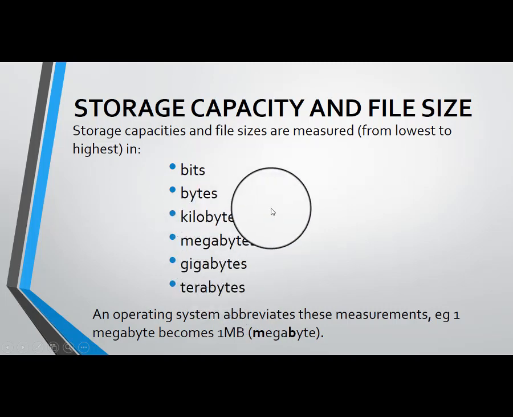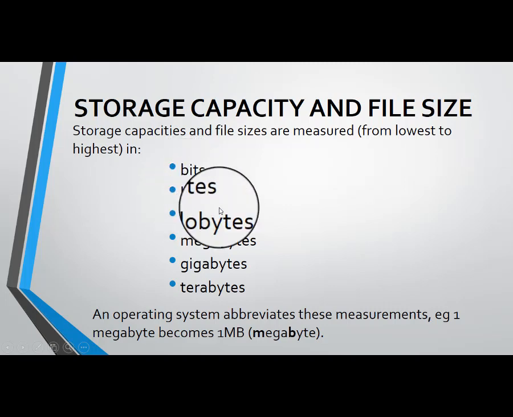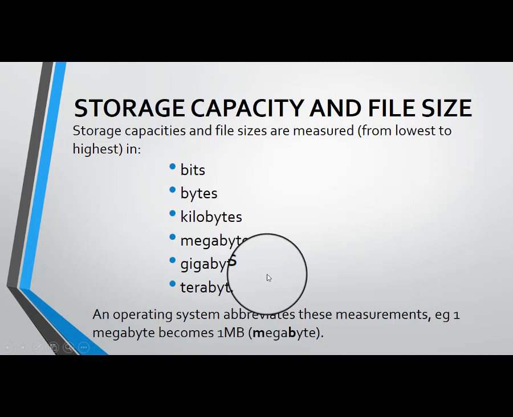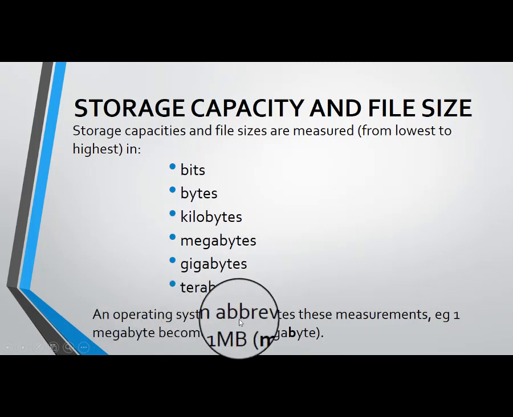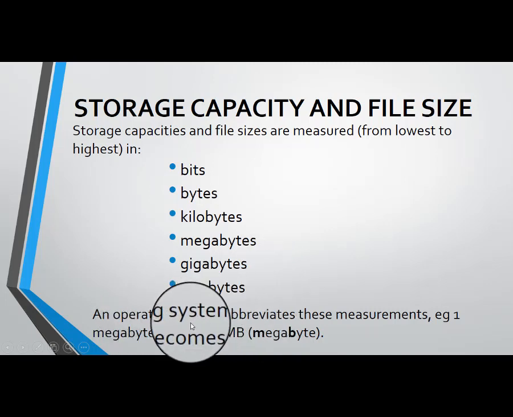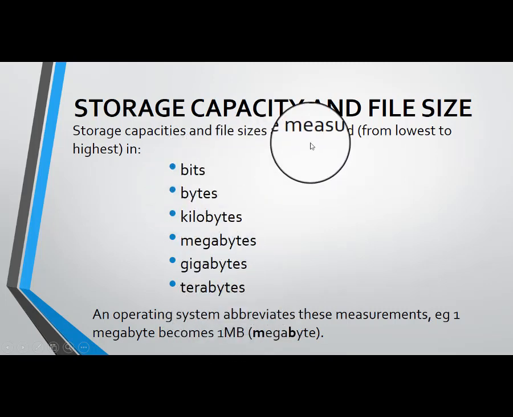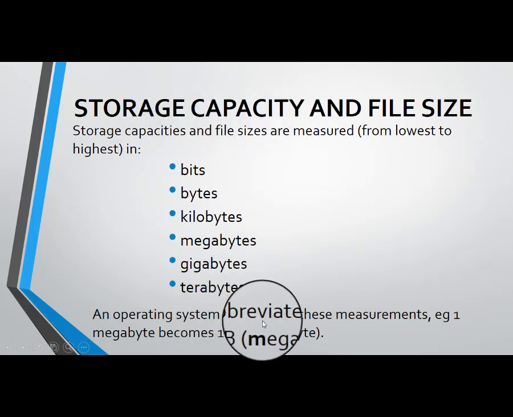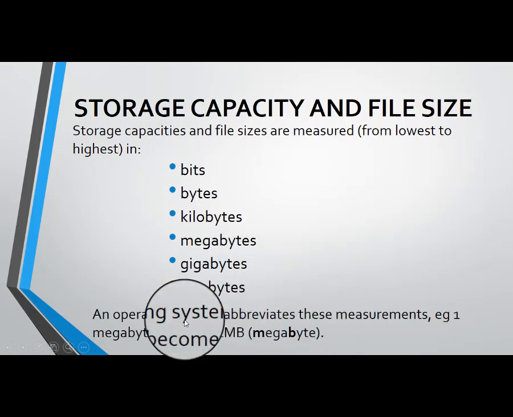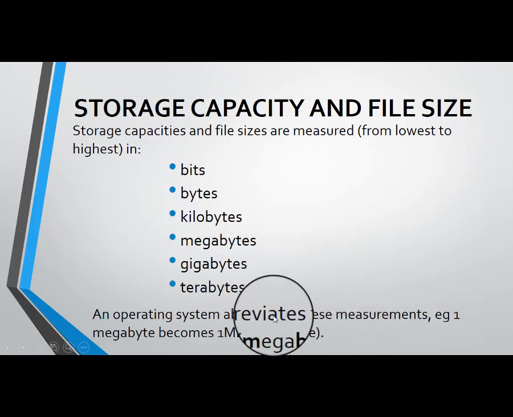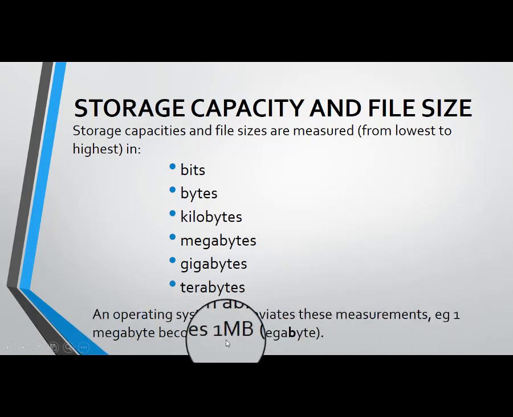In our future lessons, we're going to discover that these measurements are abbreviated. That depends on an operating system. When an operating system is measuring file size or storage capacity, it abbreviates them. For example, 1 megabyte becomes 1 MB.